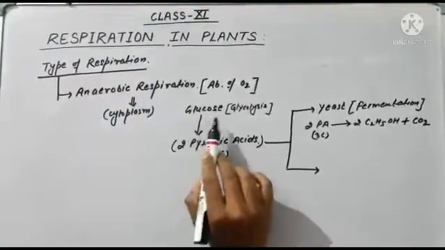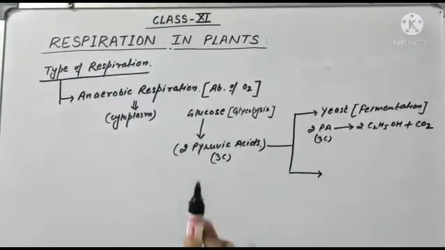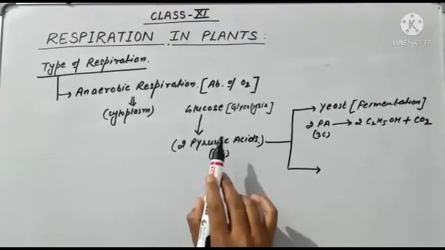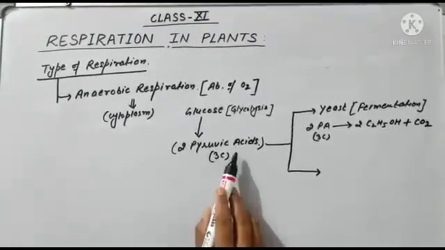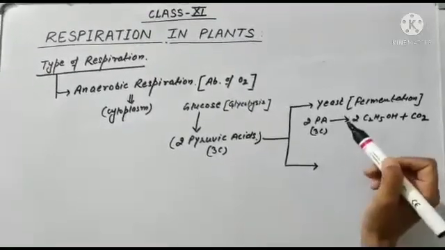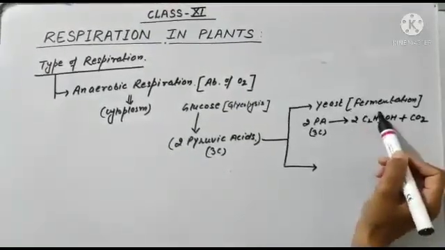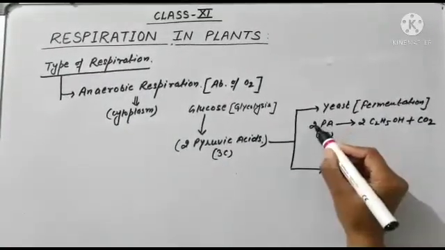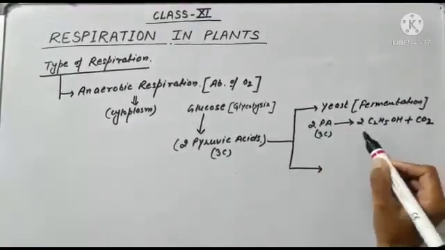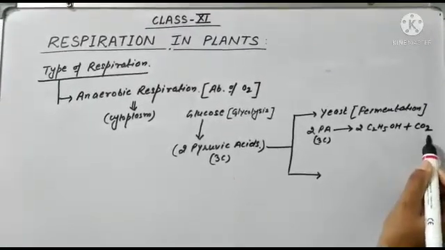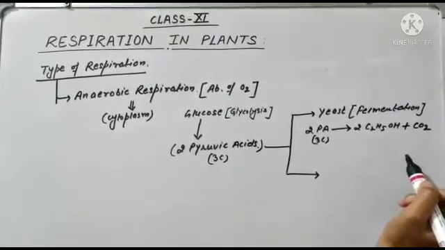So when glucose breaks down in the absence of oxygen, which is generally the first step of anaerobic respiration, it makes 2 pyruvic acids, which are 3 carbon compounds. This reaction further proceeds in yeast, which is also known as the fermentation process, in which these 2 molecules of pyruvic acid will make ethyl alcohol, and one of the carbons will be released in the form of carbon dioxide.